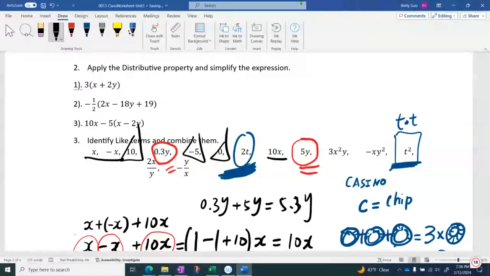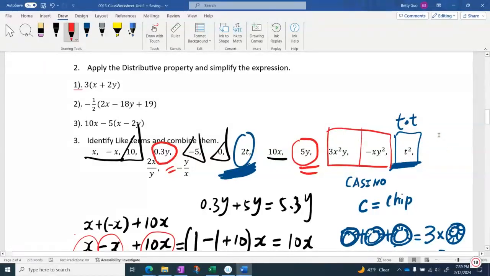Keep going. What else do we have? Let's look at those two. Put them together in the same box, but look at it carefully. Are they like terms?